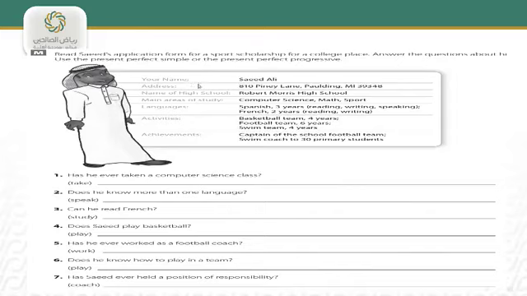We have his identification card. Your name, Saeed Ali. Address. Name of high school. Main areas of study: computer science and math, sport. Languages: Spanish, 3 years, reading, writing, speaking.